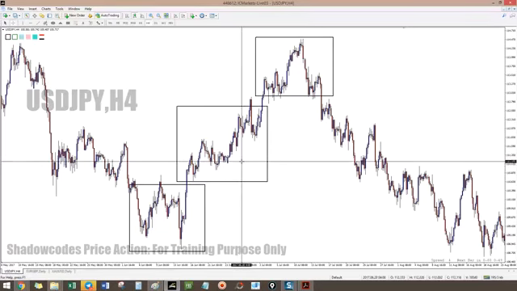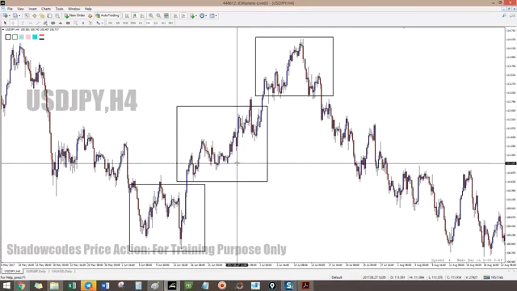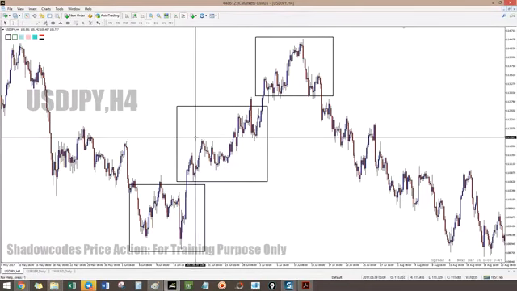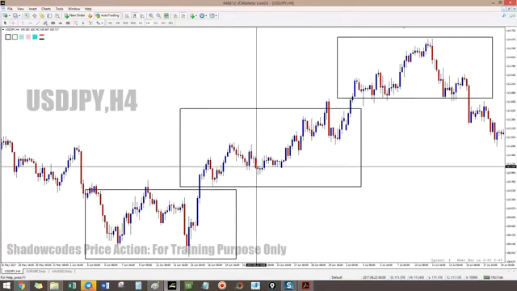HNS. This one. This one is RBS. Maybe this one in lower time frame. On lower time frame, this will be HNS over here. This is for buy setup.